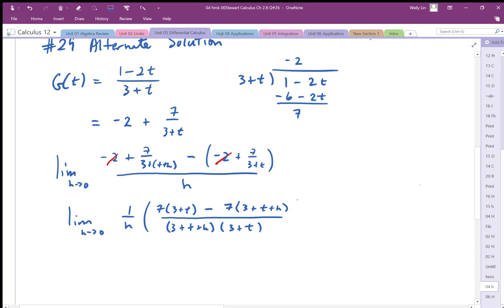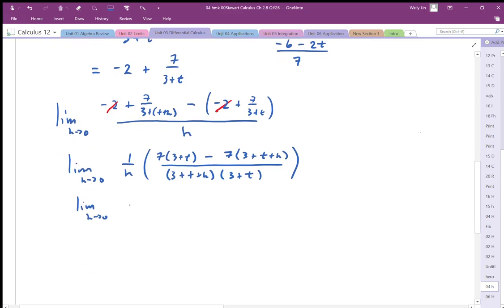Okay, so then some terms will cancel out to free up that h, so I end up with the limit as h approaches 0 of 1 over h, 21 plus 7t minus 21 minus, I'm just going to write that as plus 7t plus 7h.